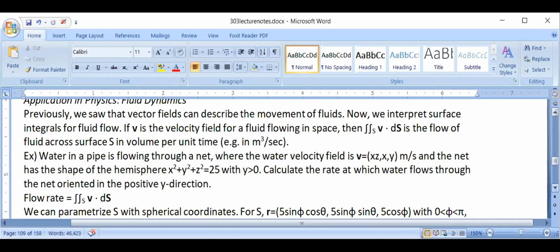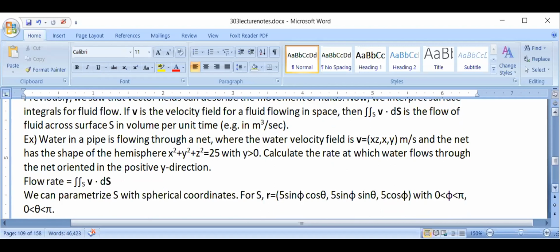Now, what about the bounds? Remember that we want y to be positive, so we're not taking the whole sphere. We still have phi going from 0 to pi, but for the theta values that give us positive y, theta goes from 0 to pi. And again, that works about the same as polar coordinates.